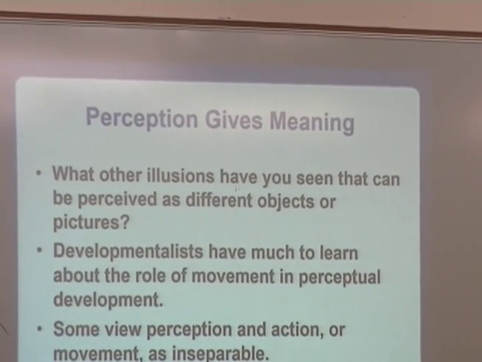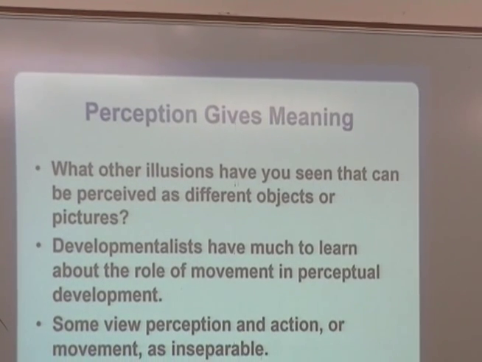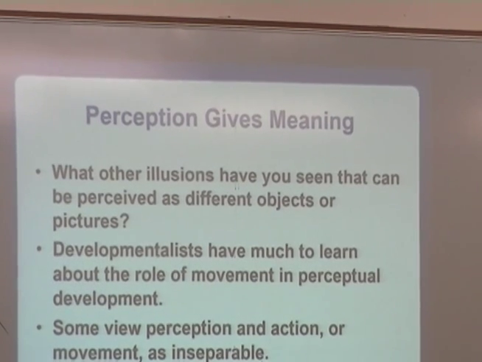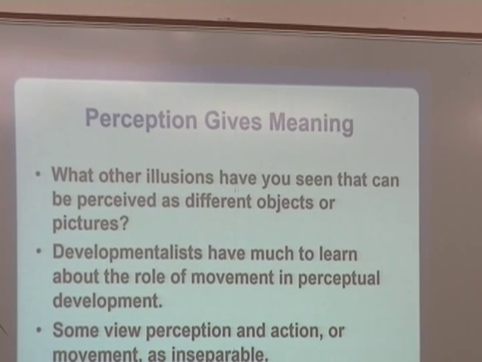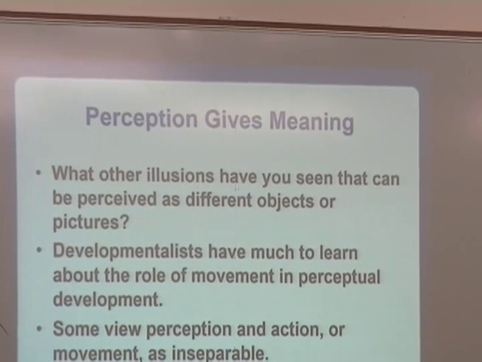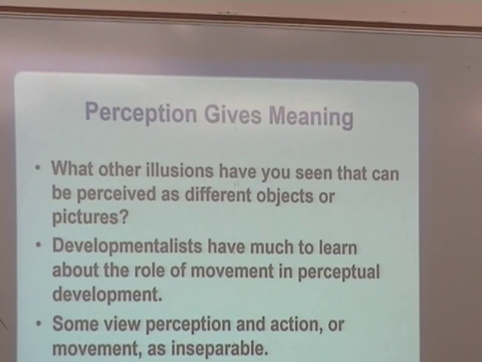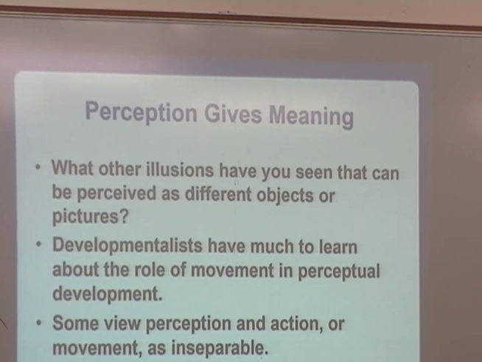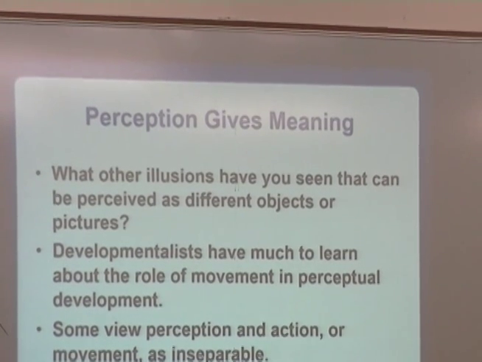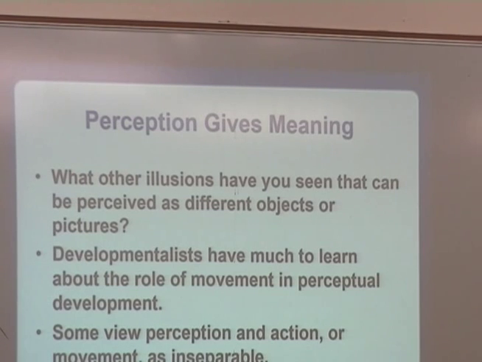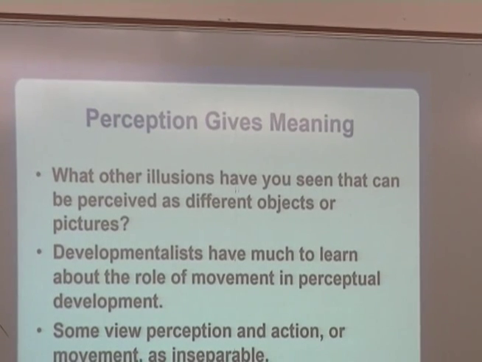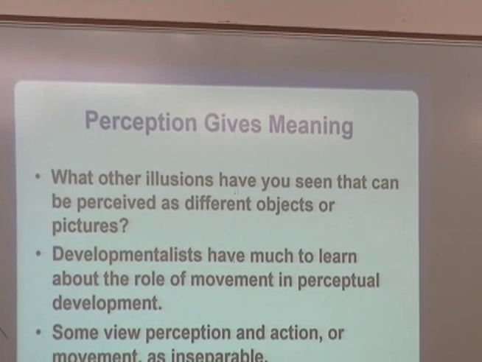And there's a very tight link. It's difficult to tease them apart when we're looking at movement. We don't quite know how much influence moving has on perceptual development. Right? We know it's there. We know that once a child starts moving, that helps them develop depth perception, for example.